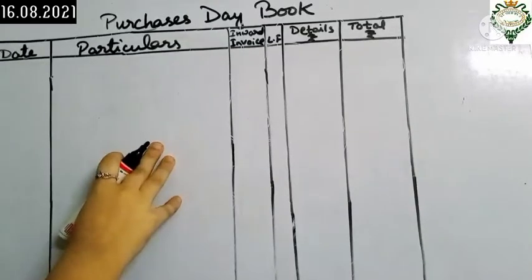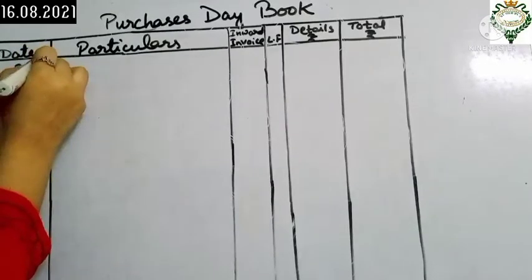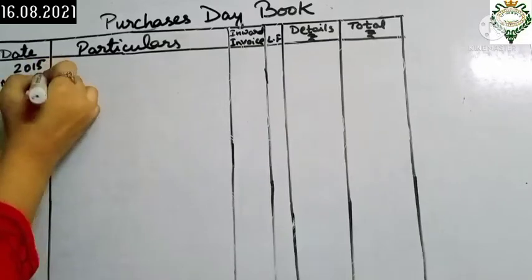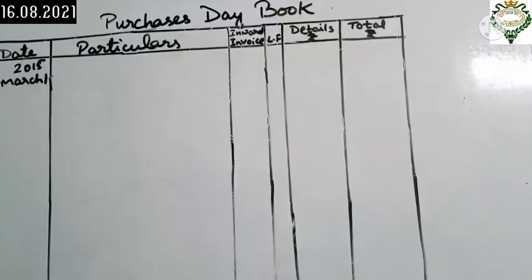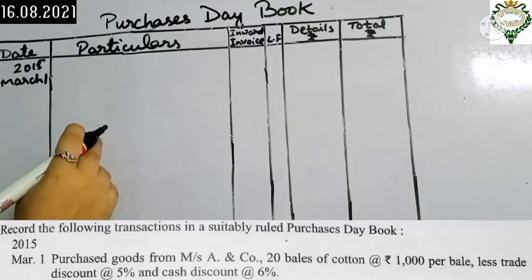Come to the first transaction that has been done on 2015 March 1. The first transaction is saying purchased goods from MSA and Company.